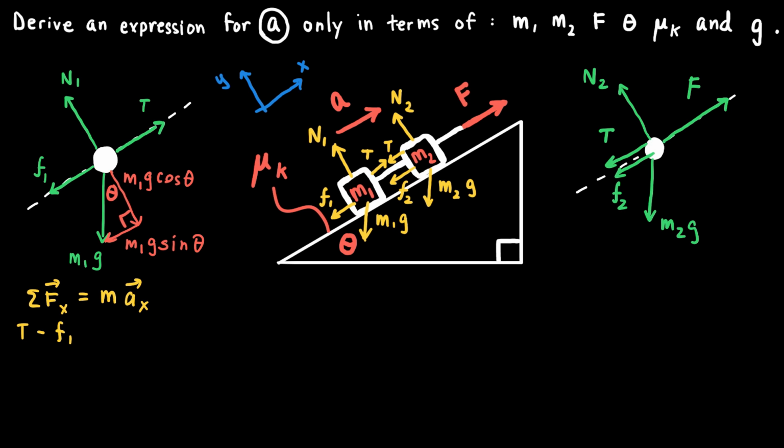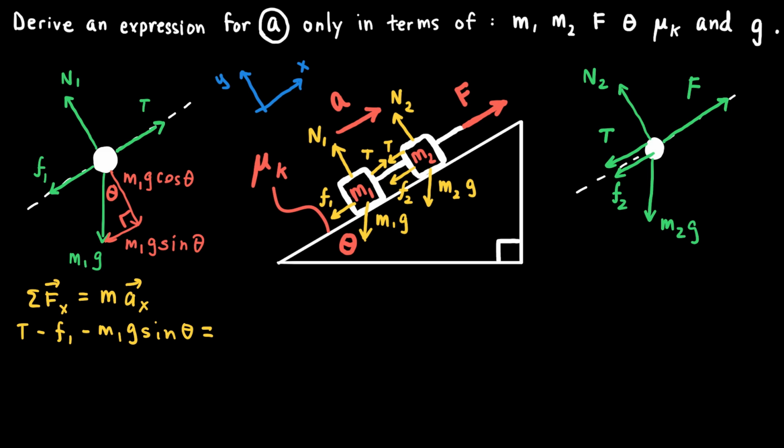And so right now I'm writing an equation for the x direction, so the component that I need to include is that m1g sine theta. And that would be a negative force because it also points down the ramp like F1. So minus m1g sine theta. And those are all of the forces acting in the x direction. And also the object happens to be accelerating, and that acceleration is up the ramp, and so we have a positive acceleration.